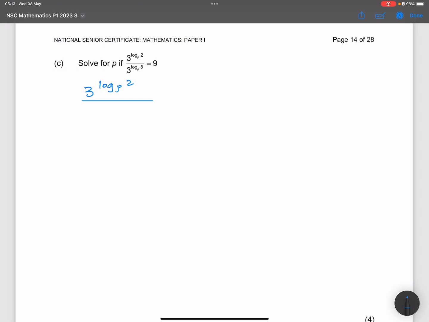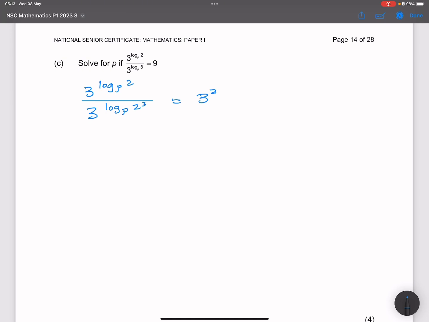I mean log 2 as well. So we're going to have 3 raised to the log of 2 exponent 3, base p, and I can represent this as 3 squared as well, so that the bases are actually the same.